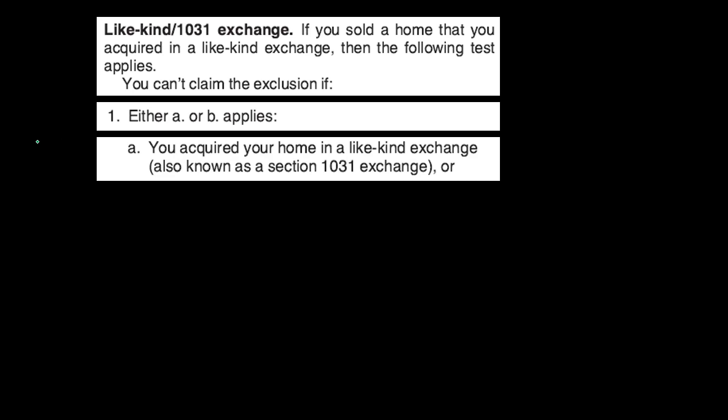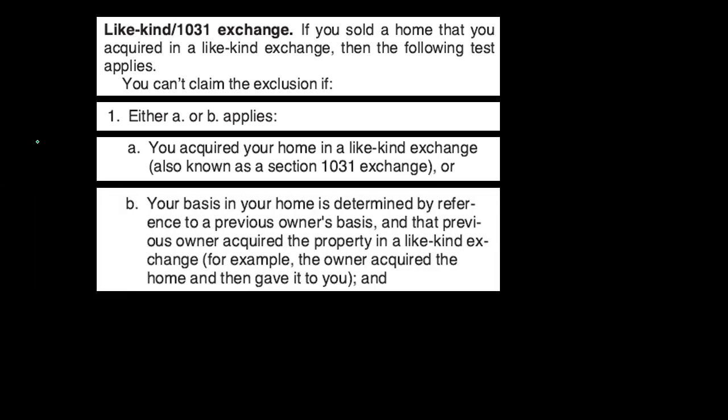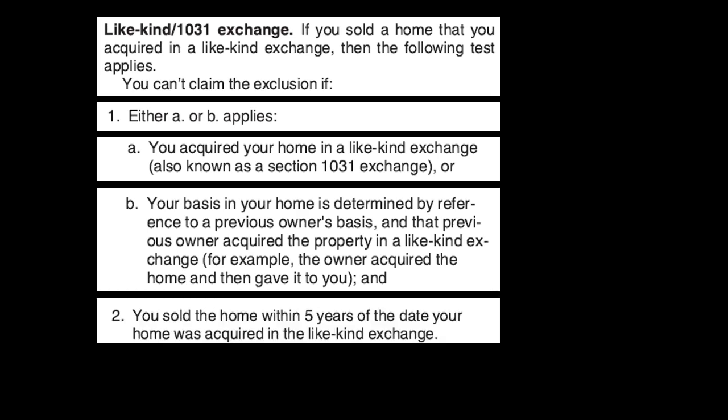A. You acquired your home in a like-kind exchange, also known as a Section 1031 exchange, or B. Your basis in your home is determined by reference to a previous owner's basis, and that previous owner acquired the property in a like-kind exchange. For example, the owner acquired the home and then gave it to you, and you sold the home within 5 years of the date your home was acquired in the like-kind exchange. So you can see how this might play out.